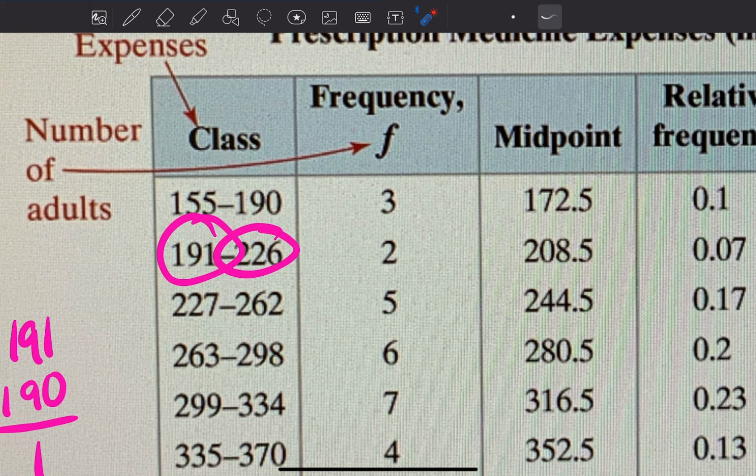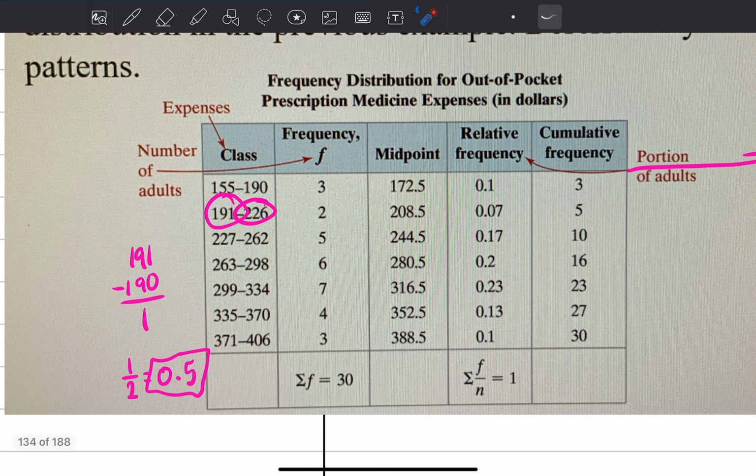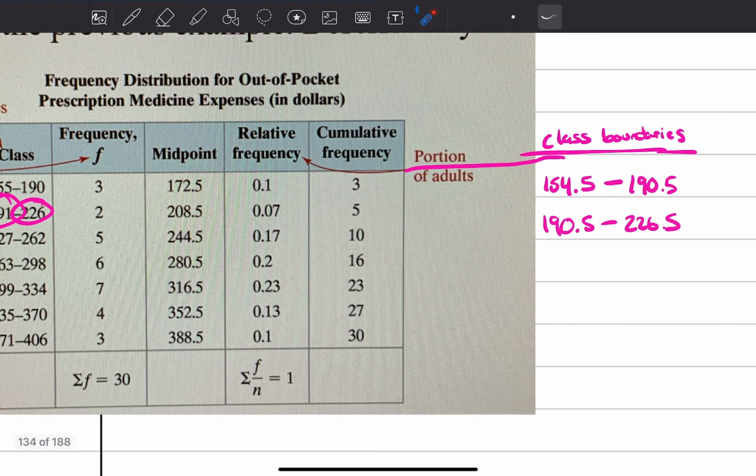So if the distance, for example, between the upper and the lower was, I don't know, 10, well, then we would take half of that, and that would be 5. Most of the time, though, it will be 1. These are set up most of the time so that the distance is 1. And then we half that, and we get 0.5.